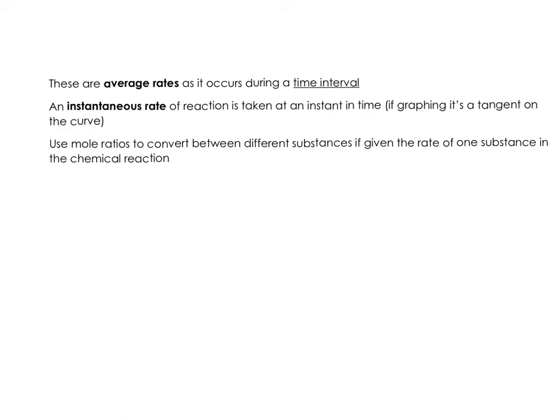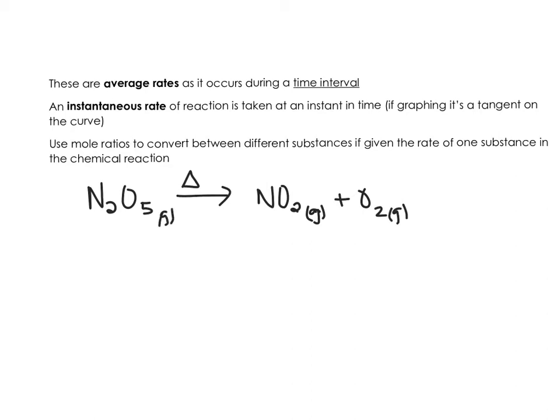Okay, here, let's do an example. Dinitrogen pentoxide decomposes. I'll add a little bit of heat there to show that it's decomposing. It decomposes into nitrogen dioxide and oxygen gas. Initially we have 2.2 times 10 to the negative 1 moles per liter of dinitrogen pentoxide.